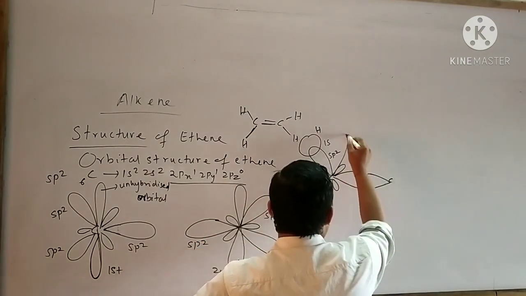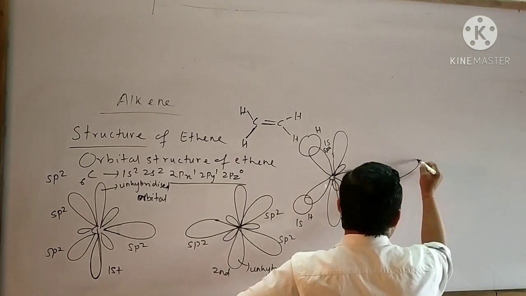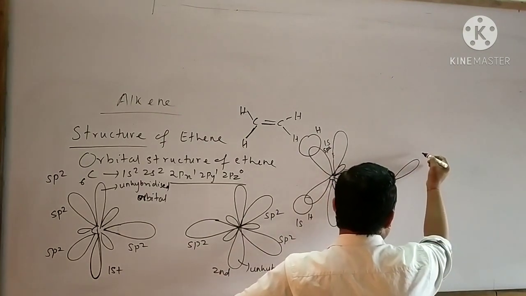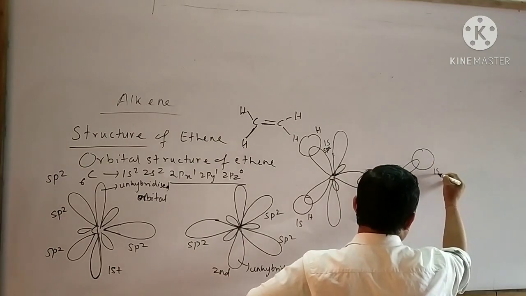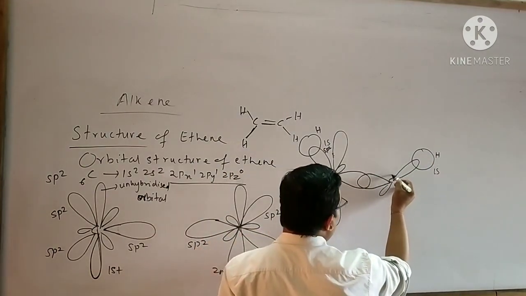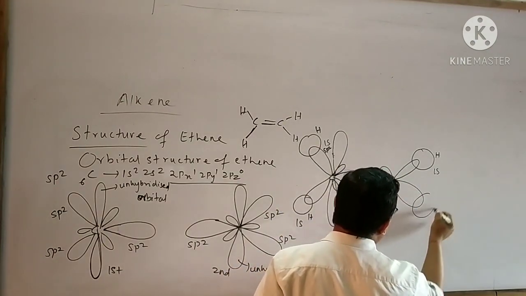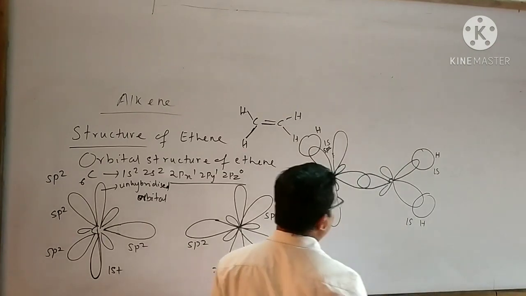Similarly, here one sp2 hybrid orbital undergoes head-on overlap with the 1s orbital of a hydrogen atom. This is your unhybridized orbital. Here another sp2 hybrid orbital undergoes head-on overlap with the 1s orbital of a hydrogen atom. Here also another sp2 hybrid orbital overlaps with the 1s orbital of another hydrogen atom.